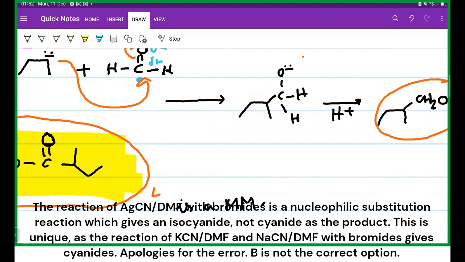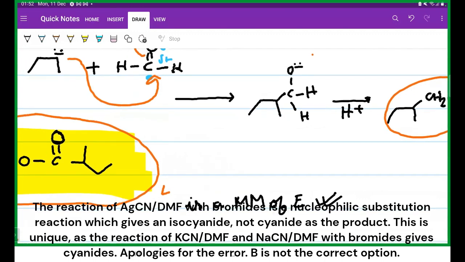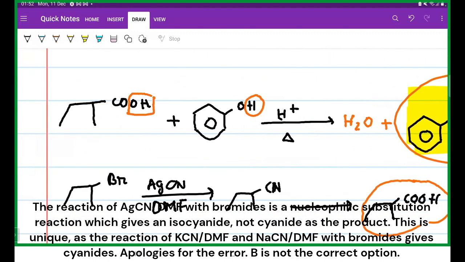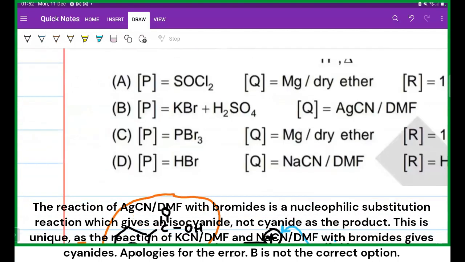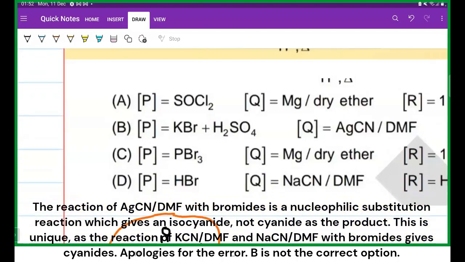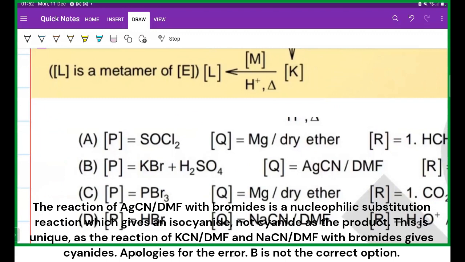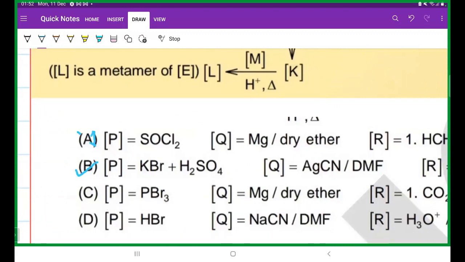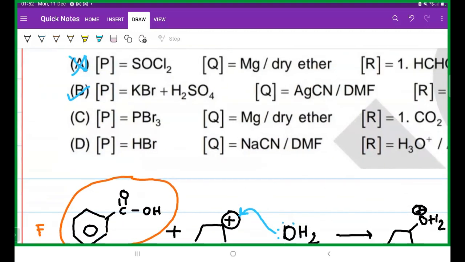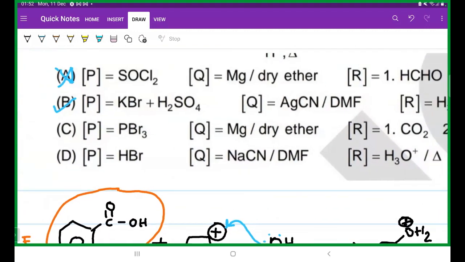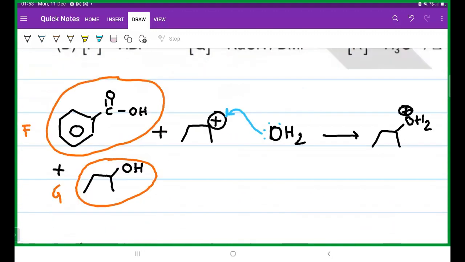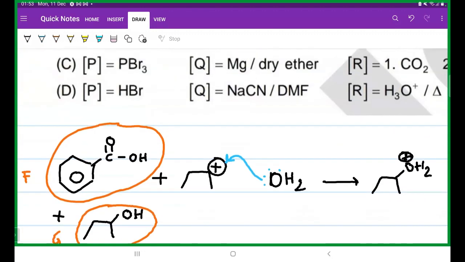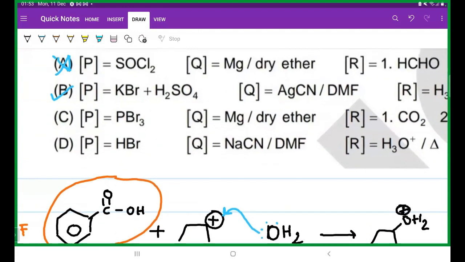This is a metamer of E. So option B is correct. Option A is wrong because I'm very sure I've not found such a reaction in any book. It will probably give something else, not a metamer of E. All right, now let's check C and D.